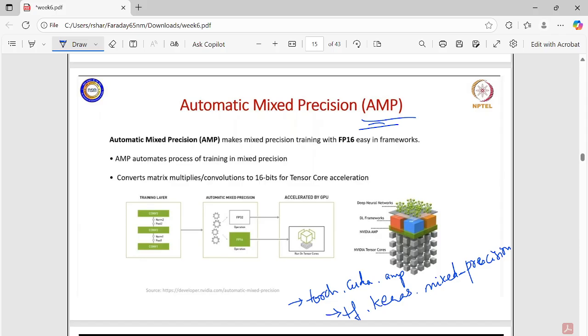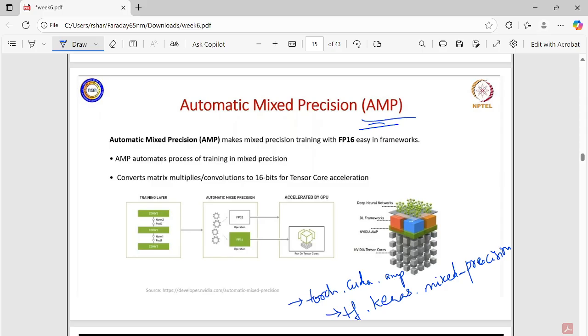From torch.cuda.amp, we can import autocast and GradScaler, and we can initialize a scaler equal to GradScaler. For the data and target in the data loader, we can optimize by using optimizer.zero_grad, and then using autocast, the output is equal to the model, and we can have the loss function there.